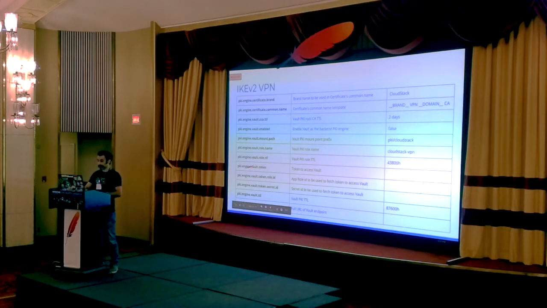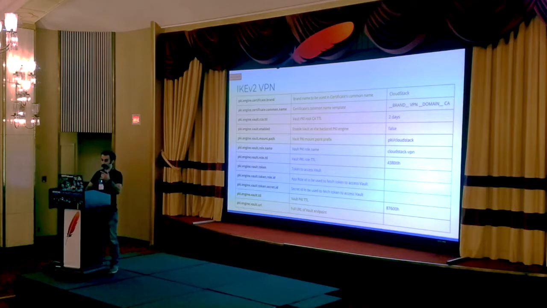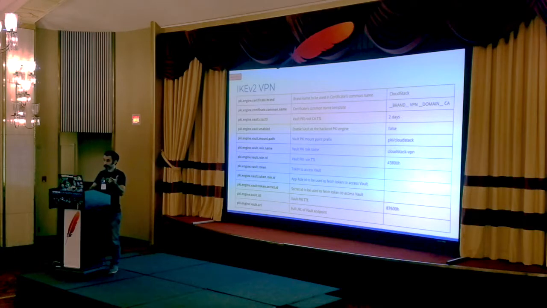There are two different authentication methods. Either you can use a token globally, or you define your app role ID and secret ID. These are the pair you need: whenever you generate an app role, you need to go through a bunch of different steps in between. One of them is to create a secret ID, and the other is to generate your role ID based on that.